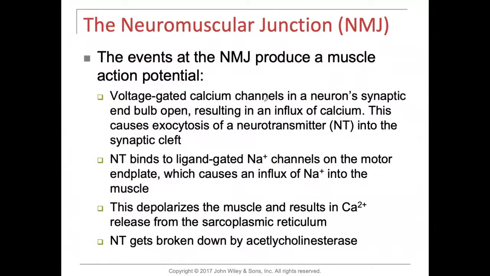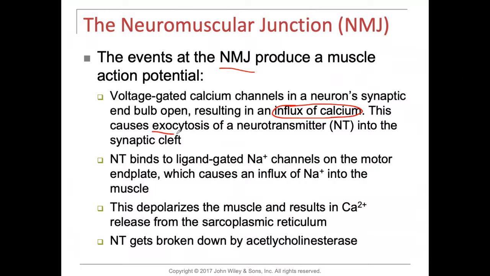Now, the events that can produce an action potential at the neuromuscular junction, to review this, you get the voltage-gated calcium channels in the neuron synaptic end bulbs open. So it results in an influx of calcium into the synaptic end bulb.